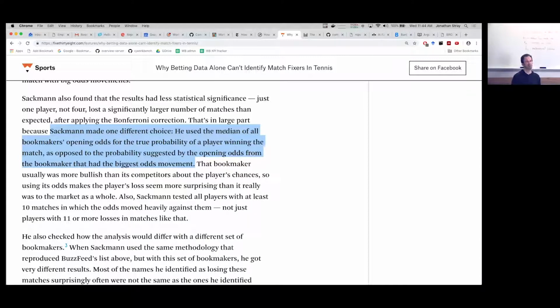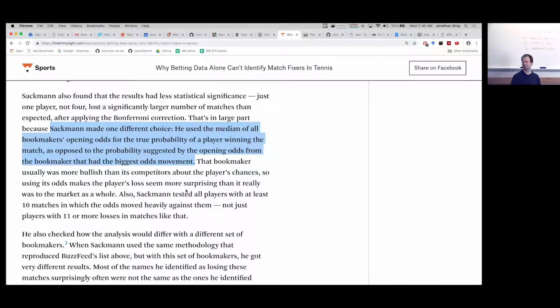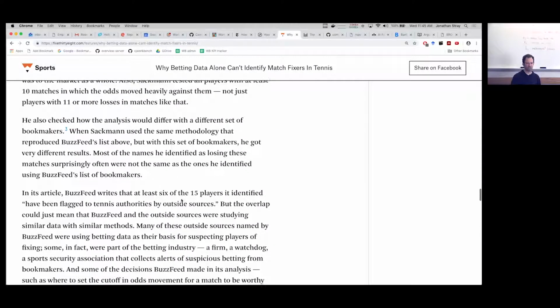If you take the median of all of the bookmakers, basically you're just throwing out the data for the bookmakers who just got it wrong, made a stupid mistake, were having a bad day, or didn't take into account the data in the right way. There can be data errors as well, right? There can be typos. You're just throwing out all of that stuff. And when you use the median, you get a much smaller number of players who have suspicious odds movements. So he made a bunch of changes.